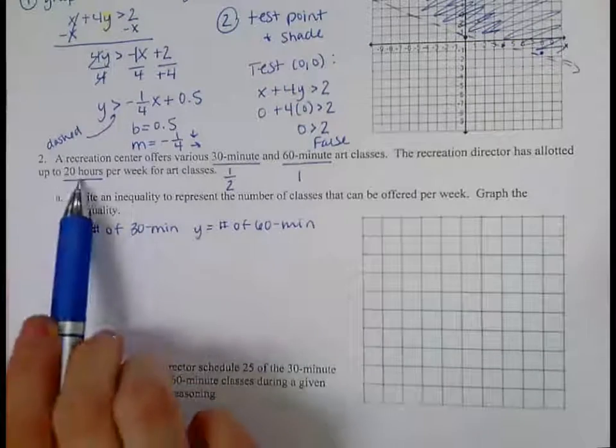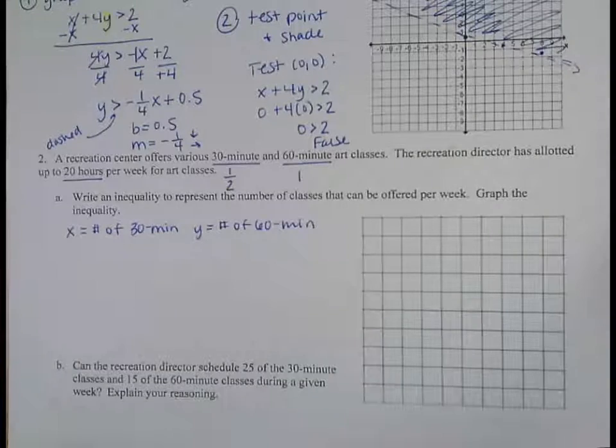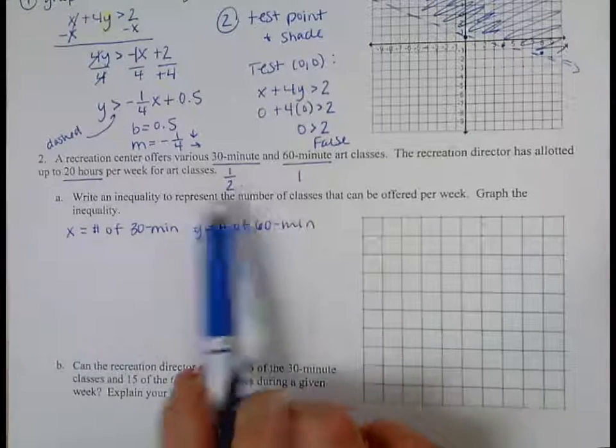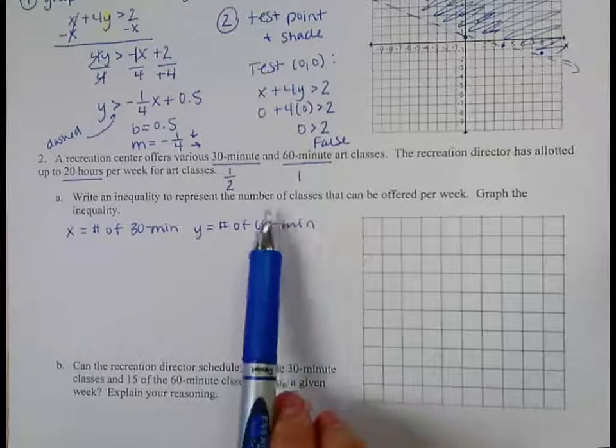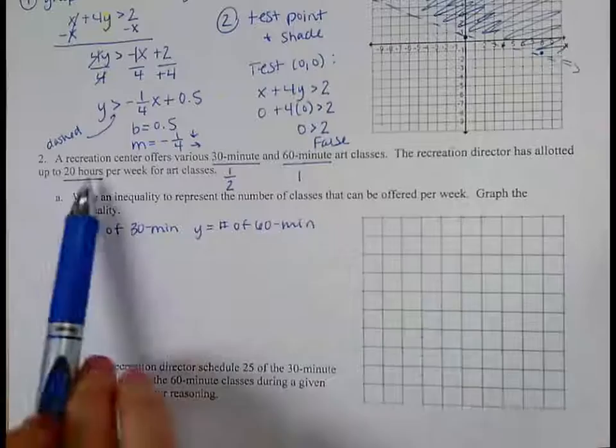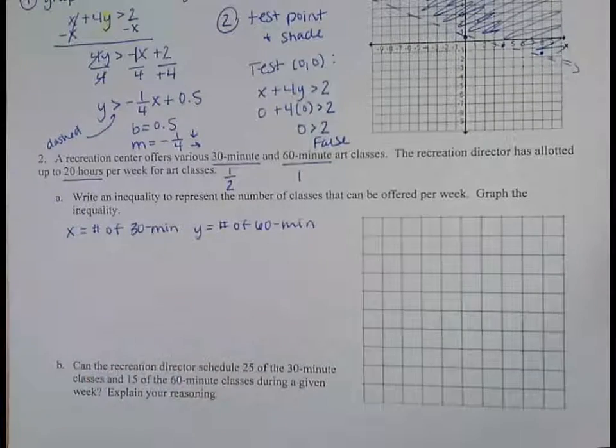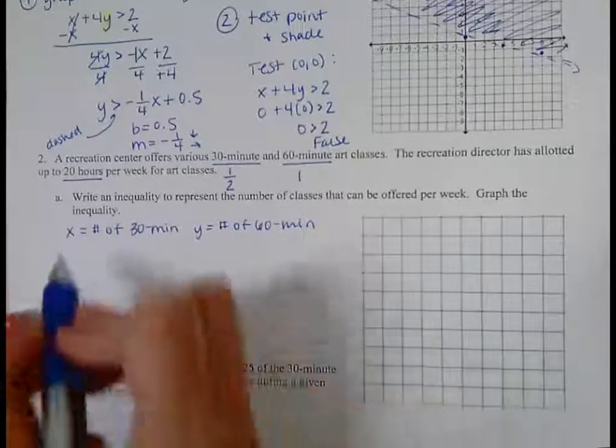I could have also changed 20 hours into minutes, but this way I'm dealing with smaller values by changing it to hours. So to write an inequality, again, I'm representing the number of classes that can be offered per week based on the allotment of time. So that would look like the following.